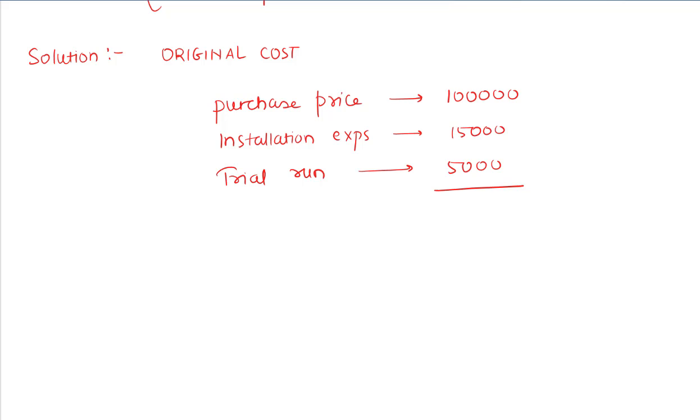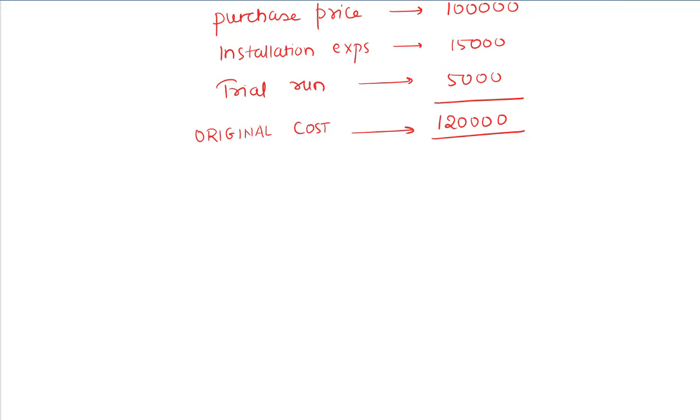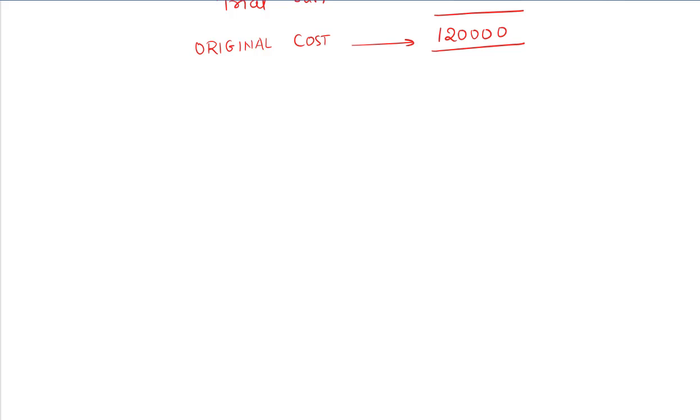Make a total of it to find the original cost. 1 lakh plus 15,000 plus 5,000. The total is 1,20,000. That is nothing but the original cost of the machinery, 1,20,000.